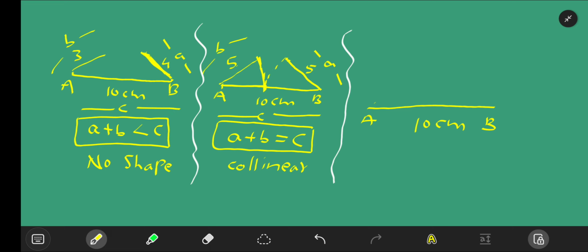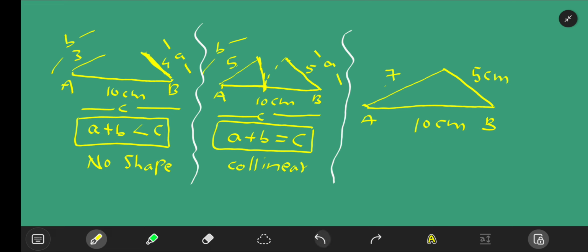Now, suppose I am taking a line of length about 7 centimeters, and another line of length 5 centimeters. Now, there is a chance of meeting these lines because 7 plus 5 is greater than 10.